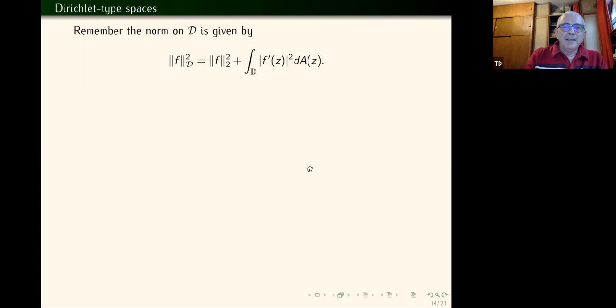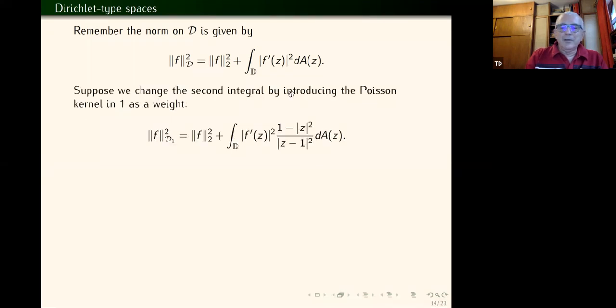Yeah. We want to discuss now another case when H of B spaces can be described in a different manner. And these are Dirichlet type spaces that have already appeared in one of the talks in the last 2 days.